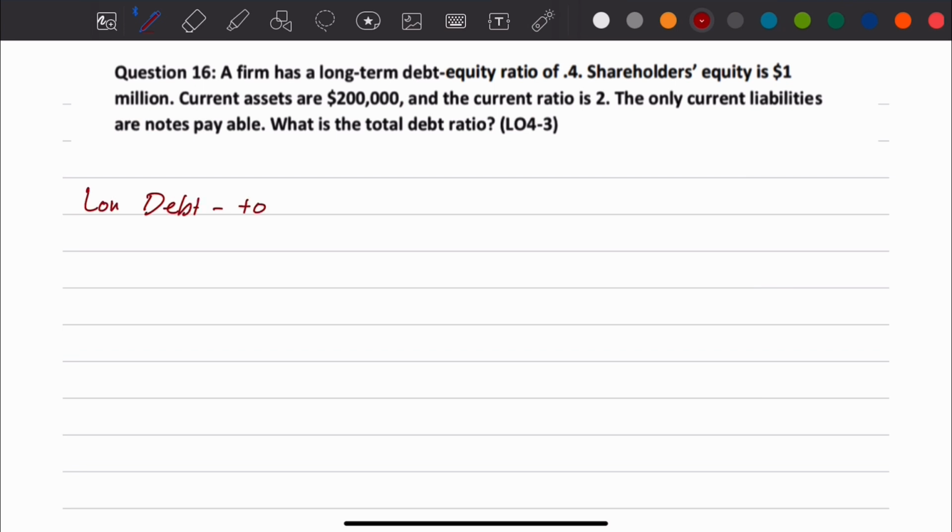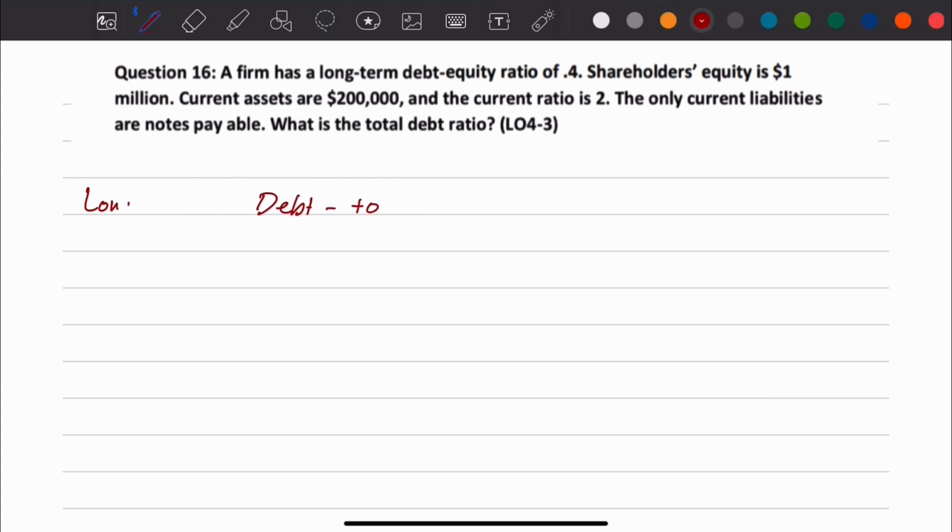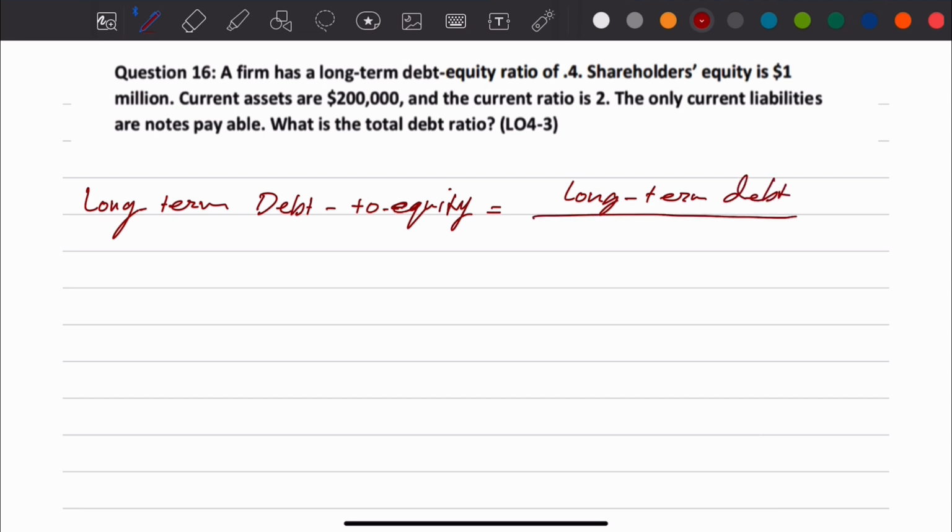Long-term debt to equity, which is going to be the long-term debt divided by shareholders' equity.